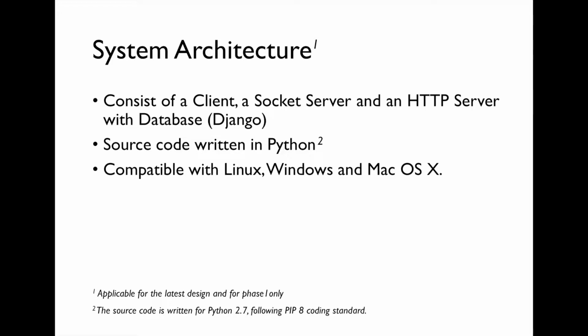Most of our source code is written in Python programming language in version 2.7. All those projects can be compiled and run on all mainstream operating systems, including Linux, Mac OS X, or even Windows.